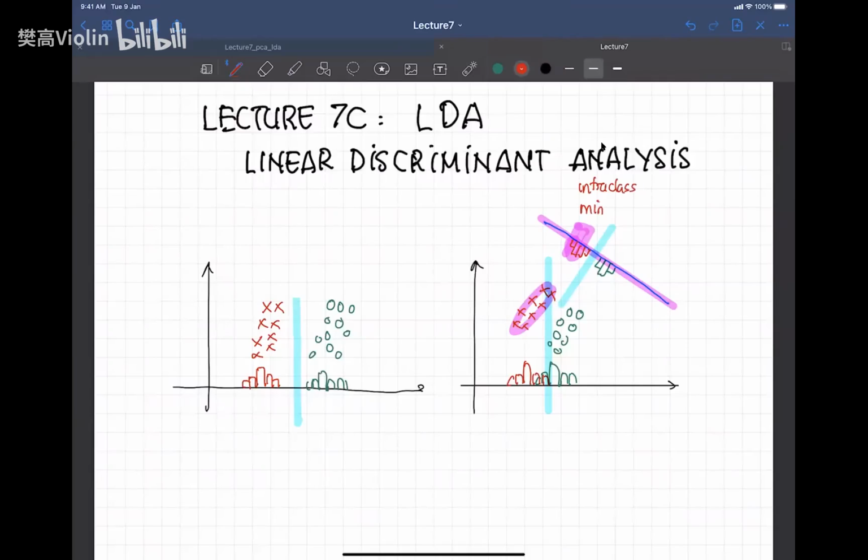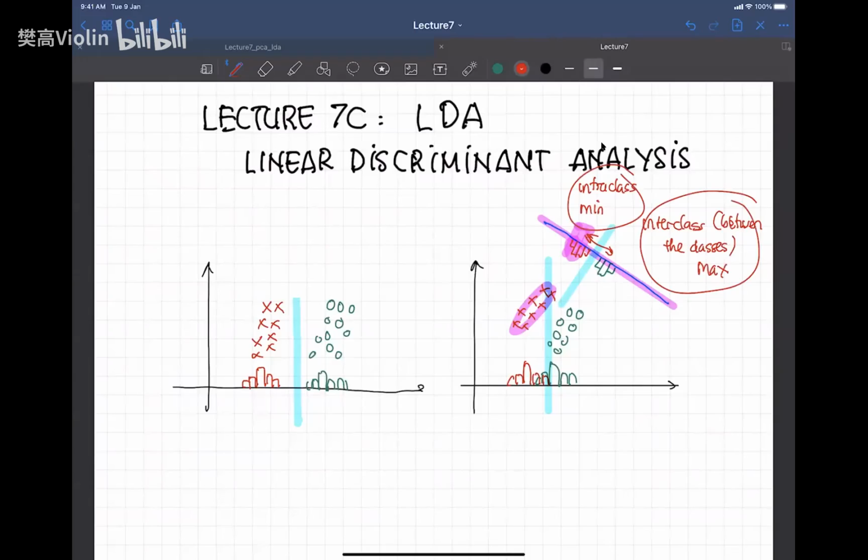But the interclass, meaning between the classes, has to be maximum. These are the two basic ideas of LDA. We want to minimize the intraclass variations, and we want to maximize the interclass distance.